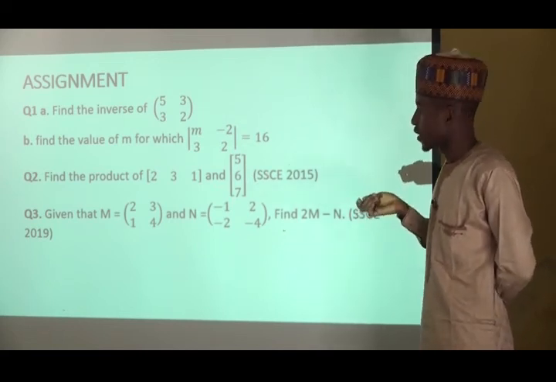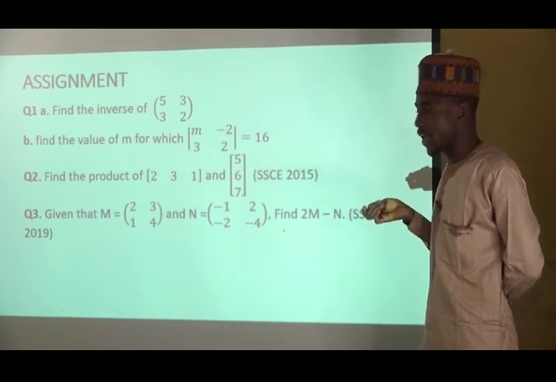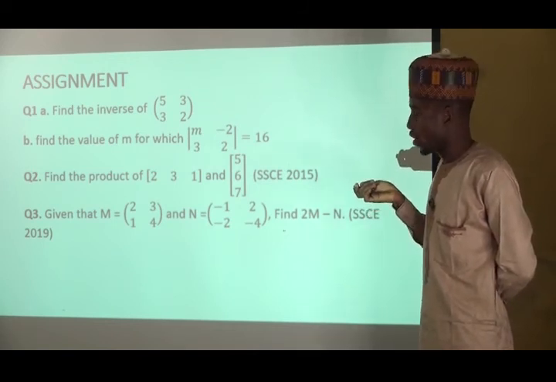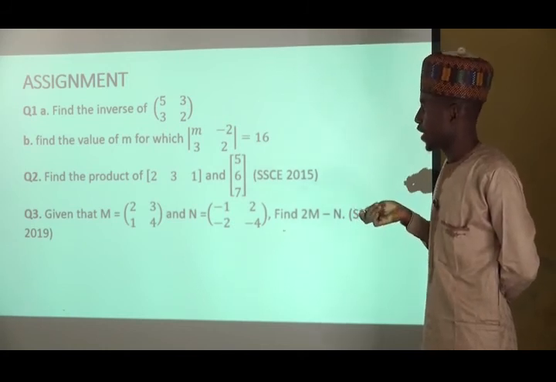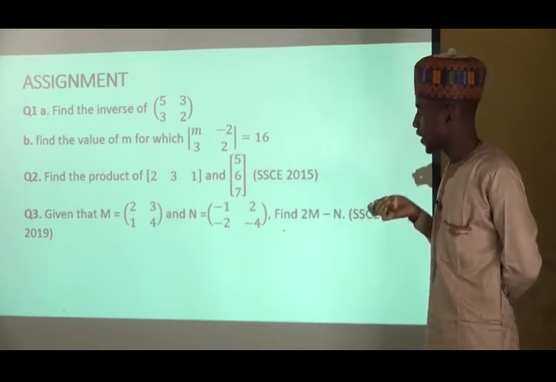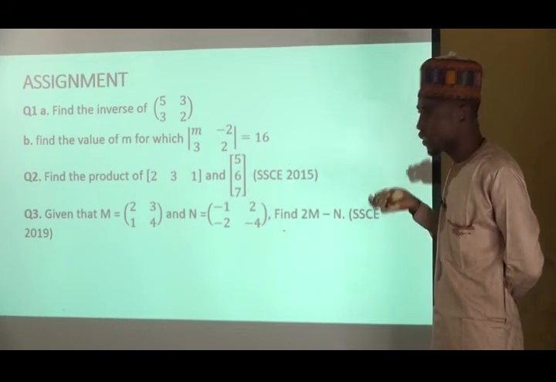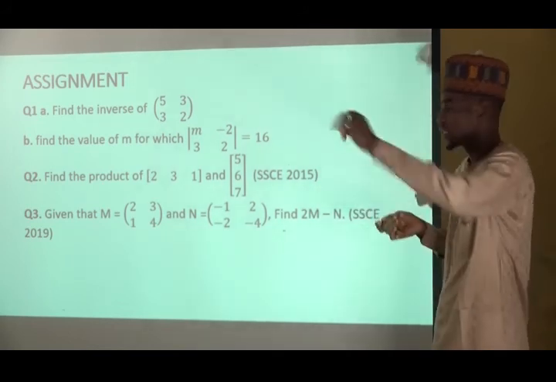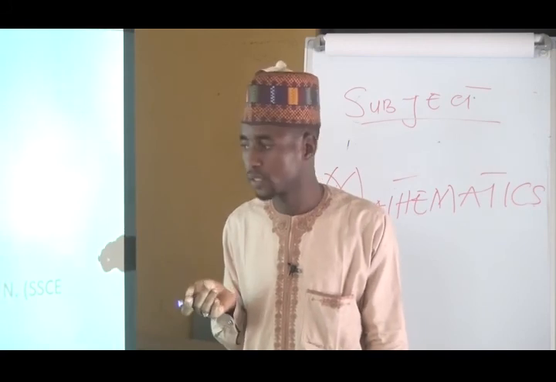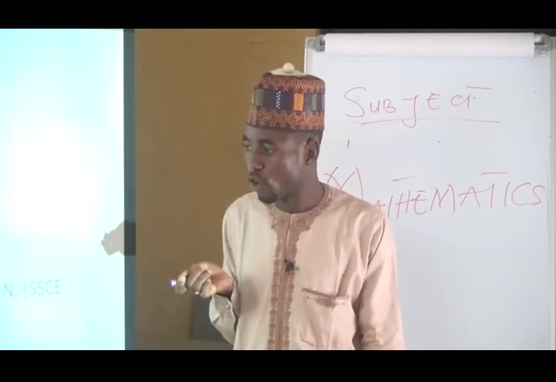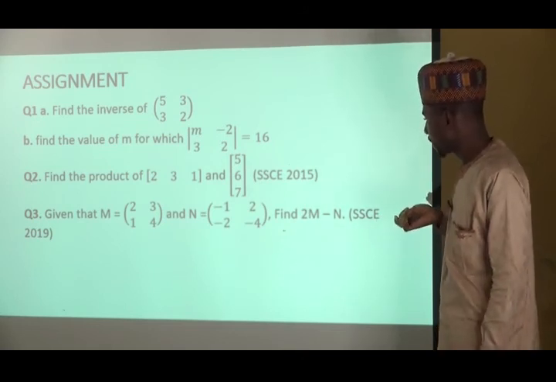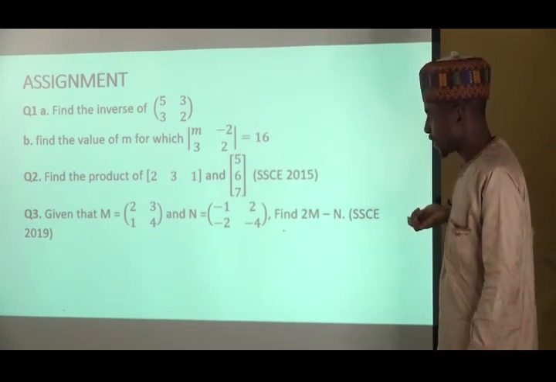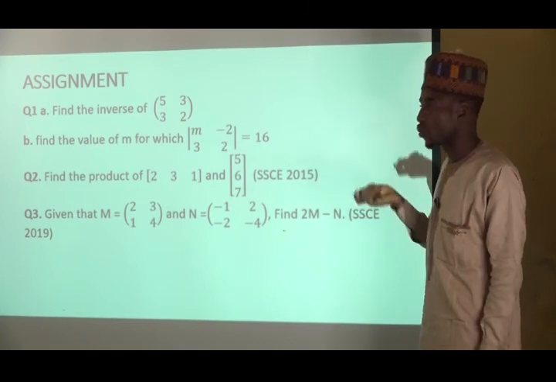Question number 3, given that matrix M has elements in the first row 2, 3, second row 1 and 4, and matrix N has elements in the first row minus 1, 2, in the second row minus 2 and minus 4. Find 2M minus N. This is also SSCE question 2019.